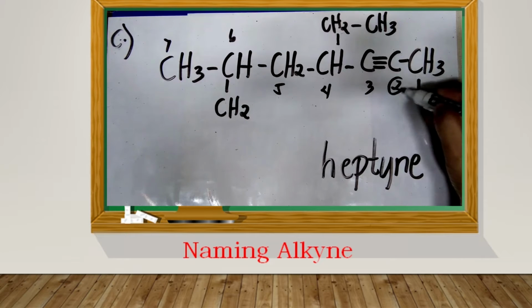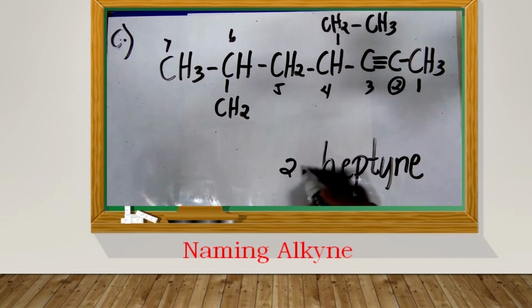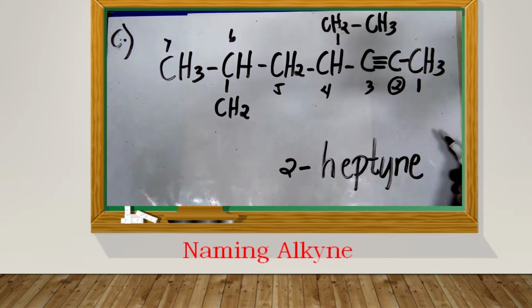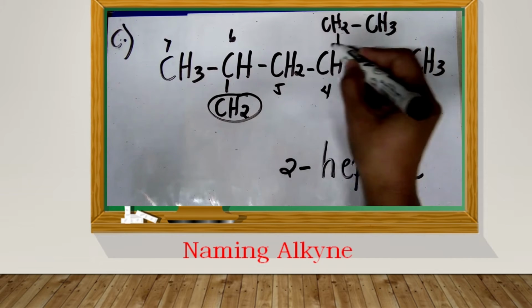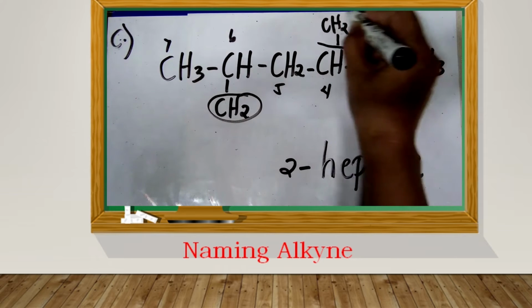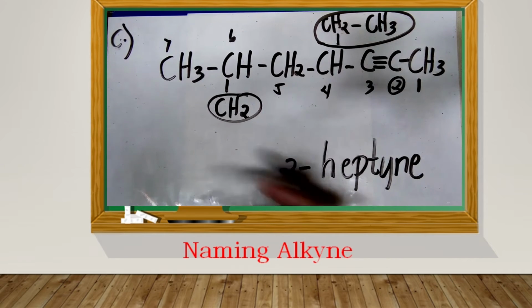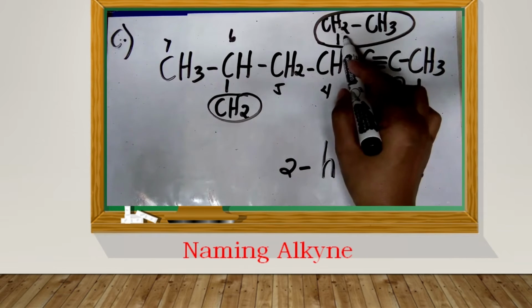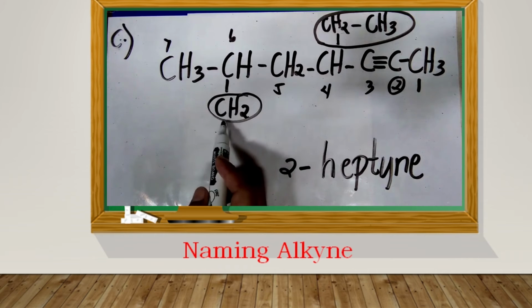It starts at the second carbon atom, so we will place 2 here, with a dash. And then look for the substituents. What are the names of the substituents? Right here we have one methyl, and here we have an ethyl because there are 2 carbon atoms. So at carbon number 4 we have ethyl, and at carbon number 6 we have methyl.